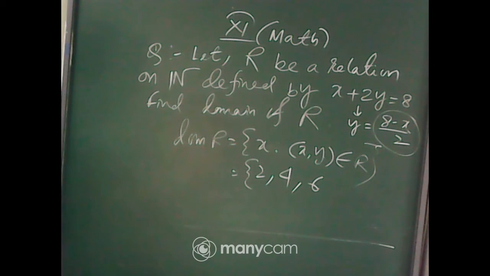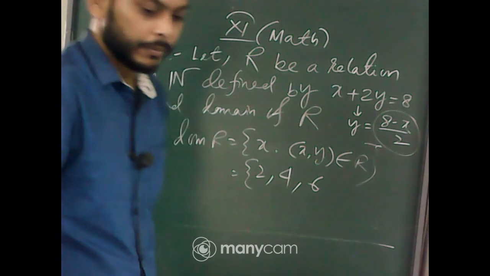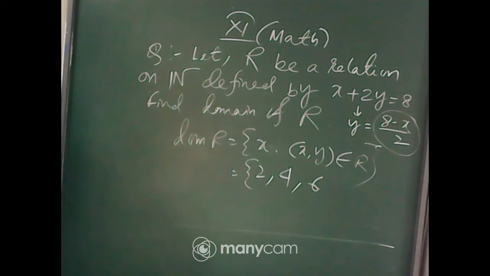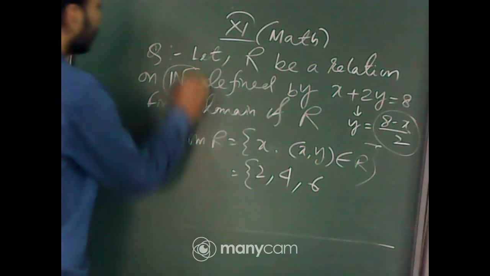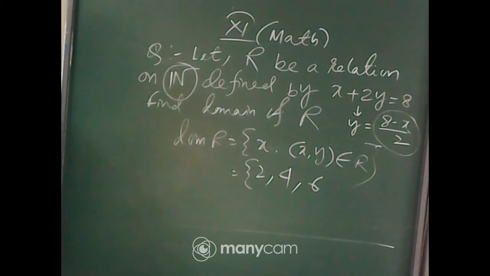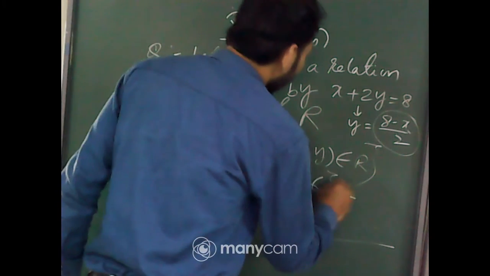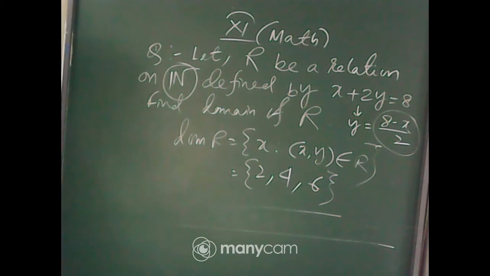Sometimes you get negative integers, but you can't get the natural numbers, that is the positive integers. So the domain of R will be only 2, 4, 6.